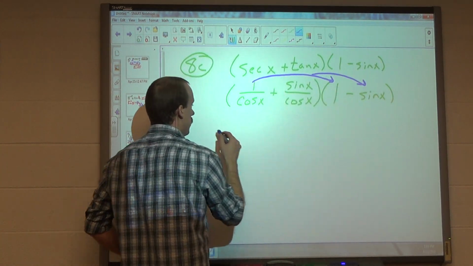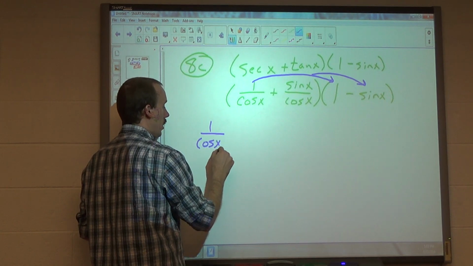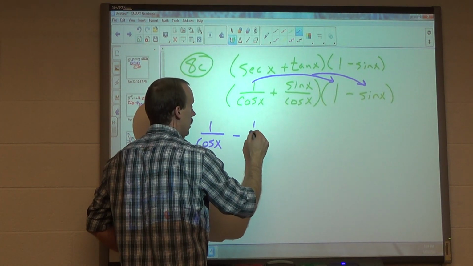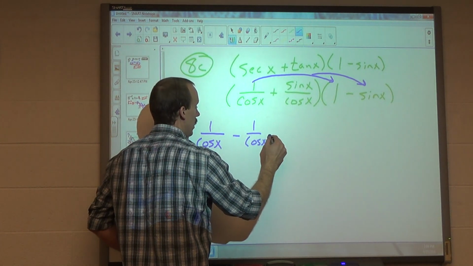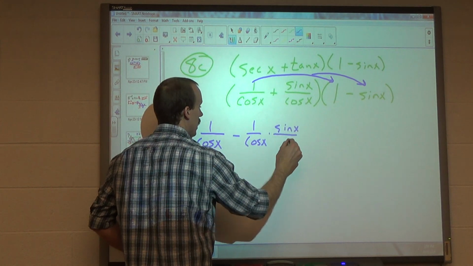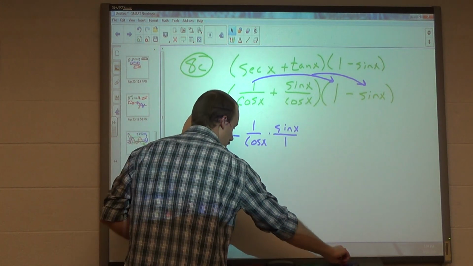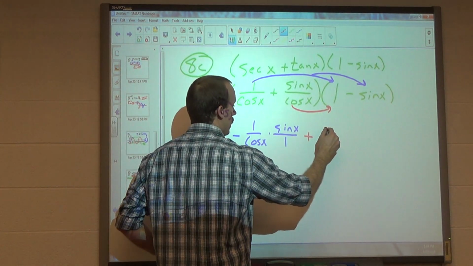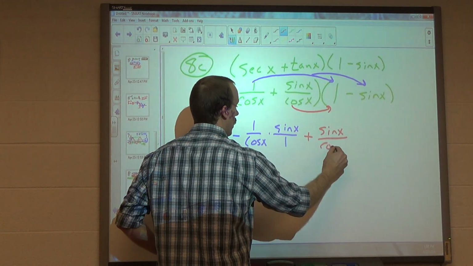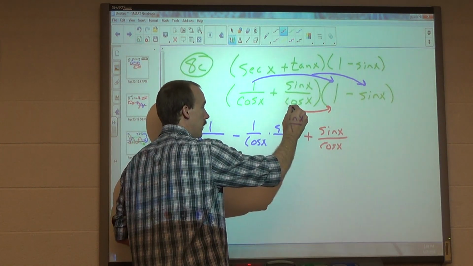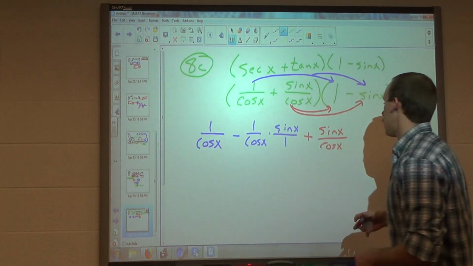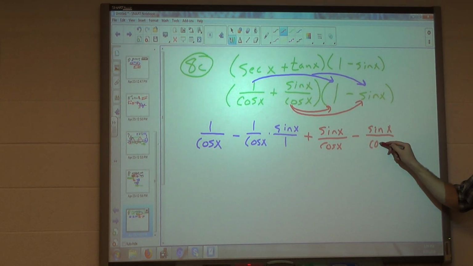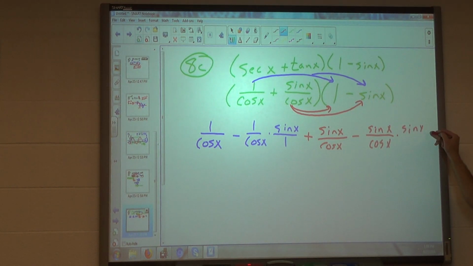So 1 over cosine times 1 would be 1 over cosine x. 1 over cosine times a negative sine would be a minus 1 over cosine x times sine x over 1. Then I can distribute this one, so plus sine x over cosine x, because that's times 1. What does the last one give me? That'd be a minus sine x over cosine x times sine x over 1.